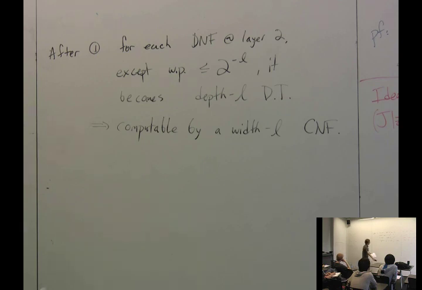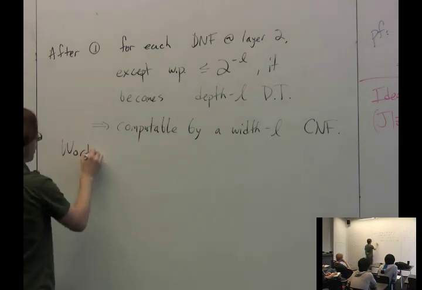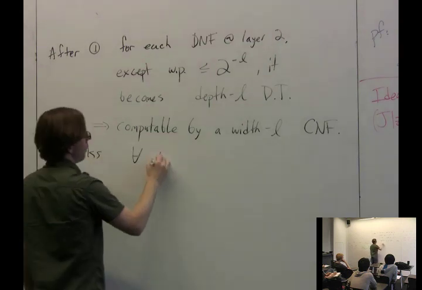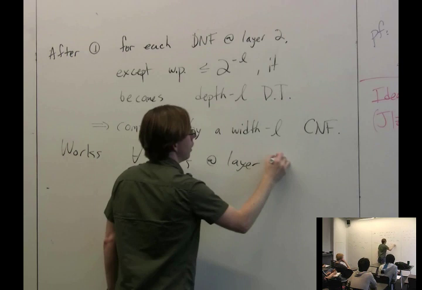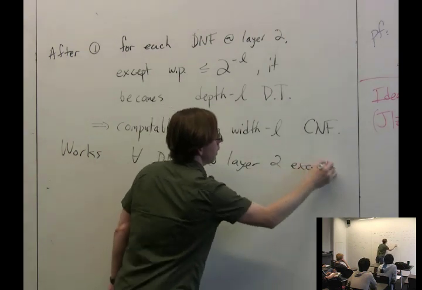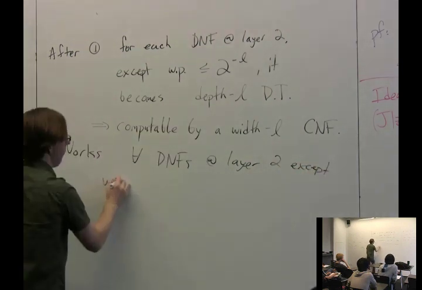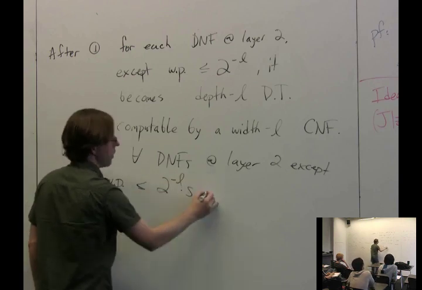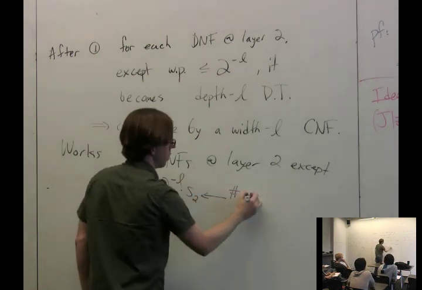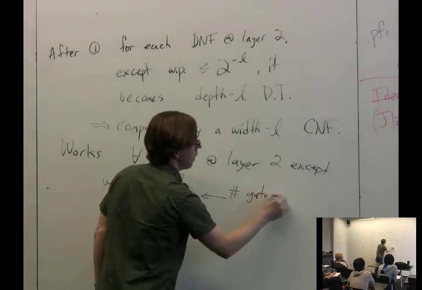Okay, so let's do the calculation here. It works as desired for all DNFs at layer 2, except with probability at most 2 to the minus L times S2, where S2 is defined to be the number of gates at layer 2.